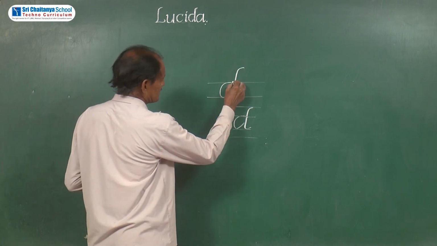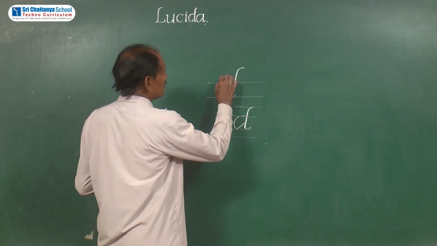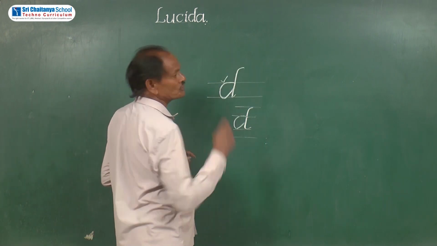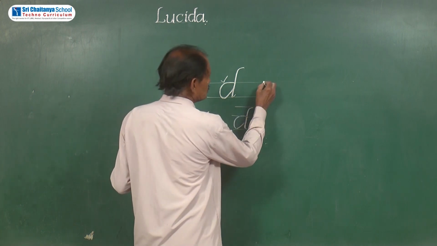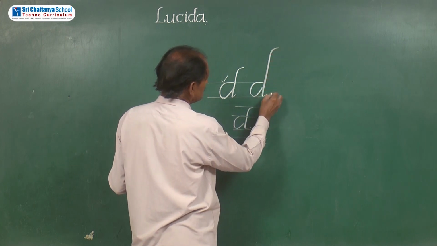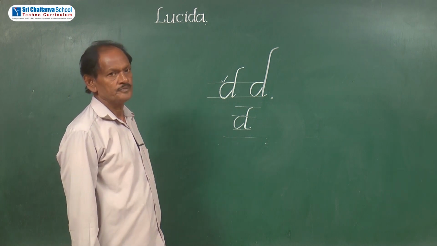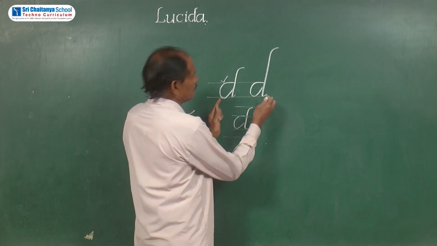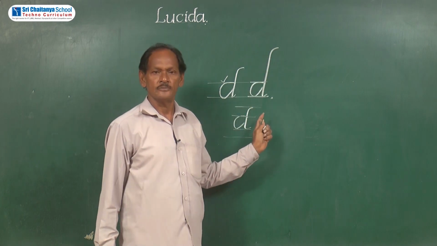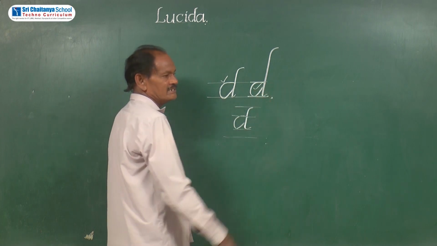The size of the base is this one, and the size of the base automatically decides the size of the strokes also. If a student wrote D in this way, is the handwriting a legible one? No. Based upon the size of the base only, we have to write the stroke also. That is why this one is very, very important. The base is very, very important.